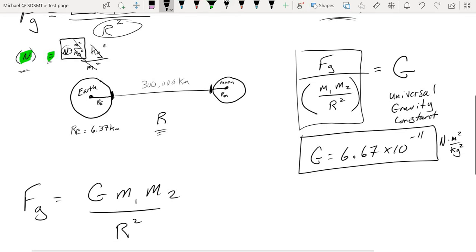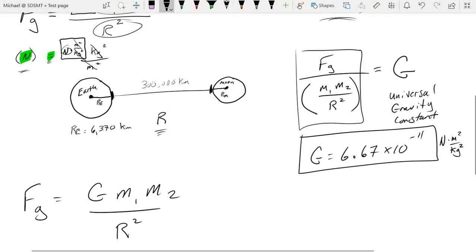Excuse me. That is not right. Sorry. Got my decimal and my comma mixed up. Yeah, that would make for a very small Earth. 6.37 thousand kilometers. There we go. That's better.